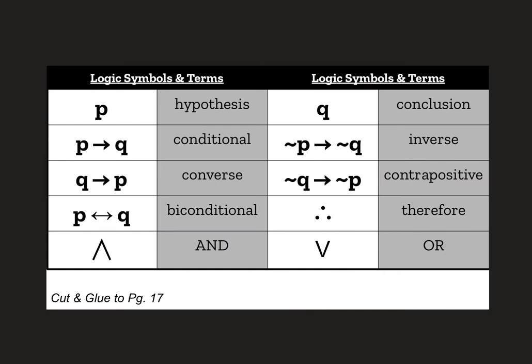As I mentioned, this chart kind of represents all the symbols you're going to need, and a lot of these we've already talked about. We've talked about P is your hypothesis, Q is your conclusion. Your conditional is P to Q. Converse is Q to P. Remember, we remember it because we change our order.